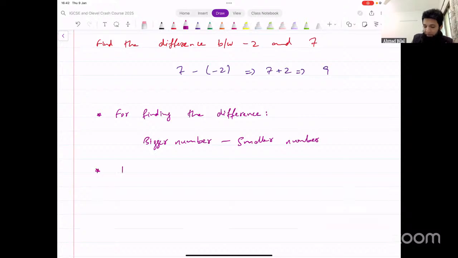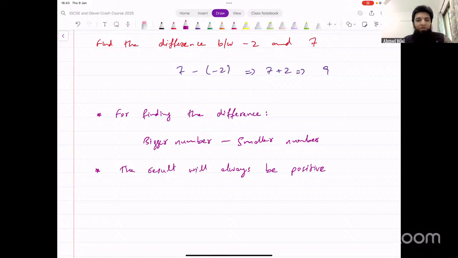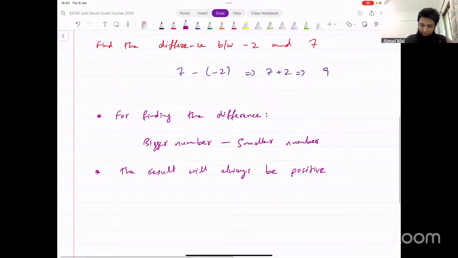And the result will always be positive. Okay, you cannot have a negative result from this. The result should always be positive. Okay, I hope that makes sense. Again, a fairly simple thing.